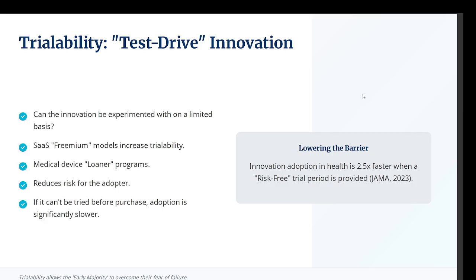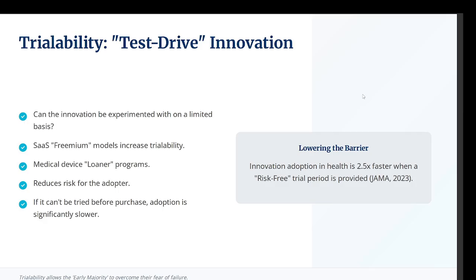Healthcare organizations often prefer pilot or demonstration projects on a small scale rather than full clinical trials because this allows them to evaluate effectiveness, identify challenges, and minimize the financial risk of making major investments. For example, a hospital may introduce an AI-assisted diagnostic system in one department before expanding it throughout the organization.